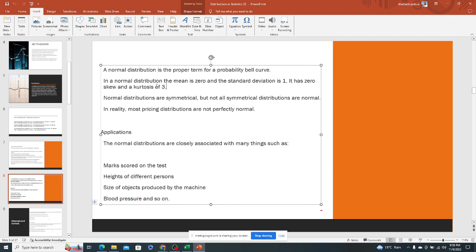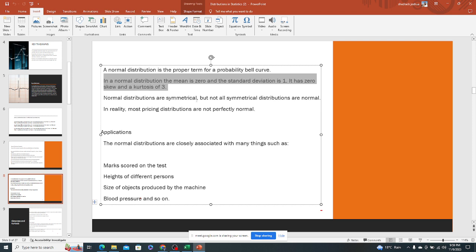It should have a mean of zero, a standard deviation of one, a skewness of zero, and a kurtosis of 3. So basically, this is another property of a standard, or perfect, normal distribution: it is normally distributed with mean 0 and standard deviation 1.